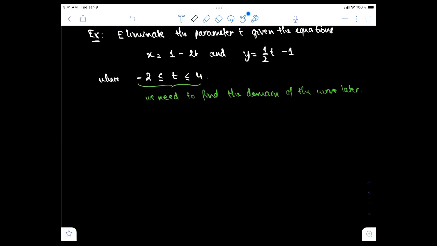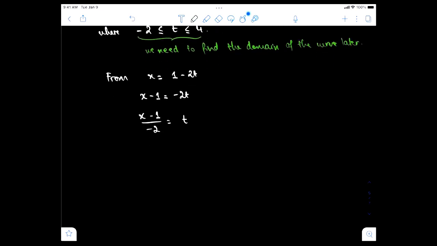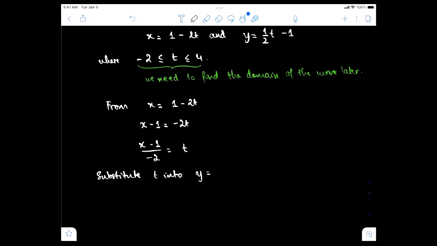So from x equal to 1 minus 2t, you get x minus 1 equal to -2t. Now divide both sides by -2, you get t equal to x minus 1 over -2. Then you substitute t into the remaining equation, y equal to 1/2 t minus 1.